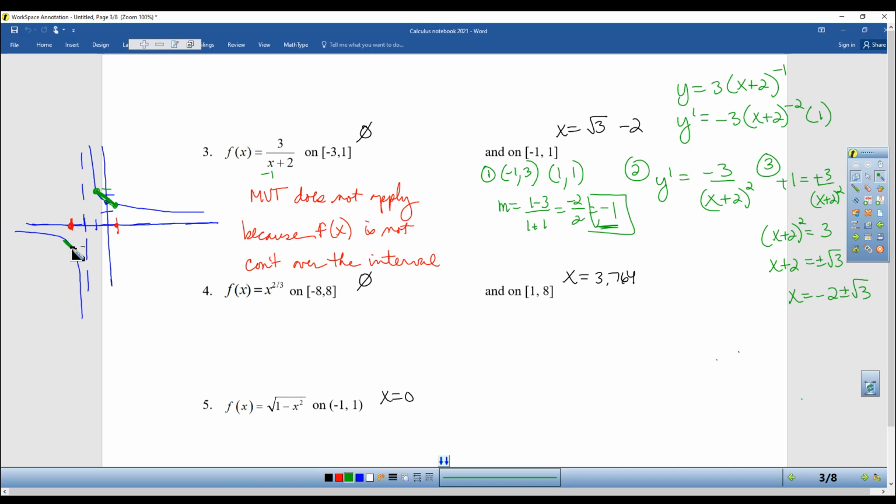It does obtain the slope of negative 1 over on that side too, but I just want to know on this interval. So my final answer is x is equal to negative 2 plus the square root of 3, which is about 1.7. So this would give me negative 0.3. So apparently it obtains it right somewhere like right there.